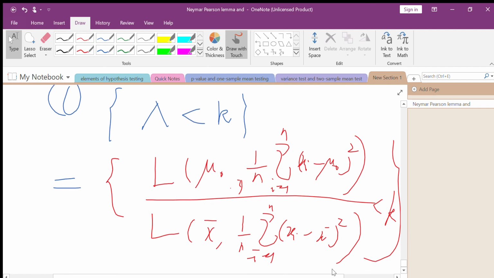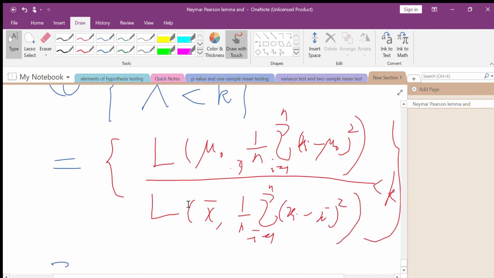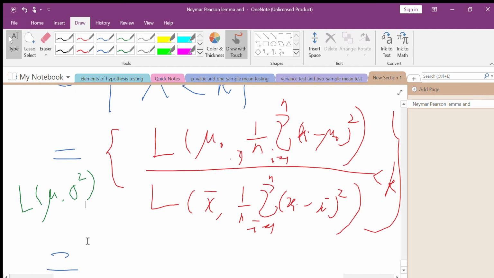This is the set equation. And then you can plug in the likelihood function, because for the normal we know how to write the likelihood function with respect to mu and sigma squared.